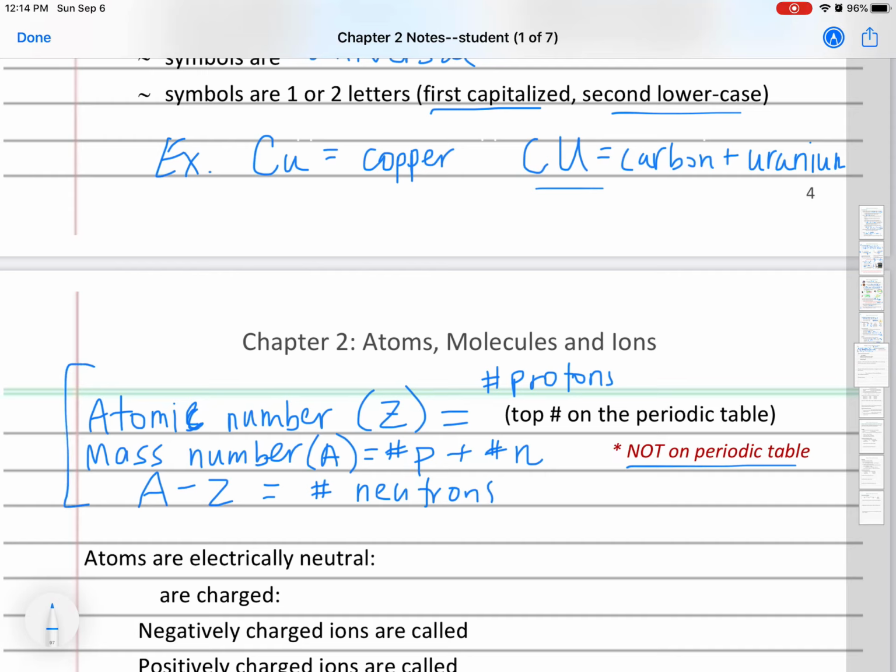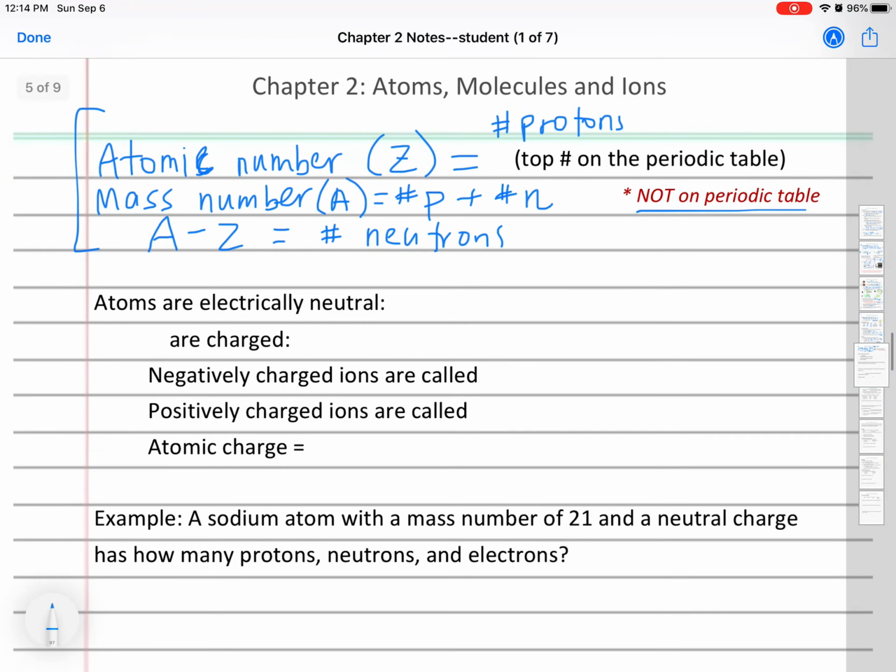All right, so this little thing right here is a handy-dandy little cheat sheet for you when you're working some of these problems in the homework to determine numbers of protons, neutrons, and electrons that different atoms have. So remember, atoms are electrically neutral by definition, which means that the number of protons, which are positively charged, must equal the number of electrons, which are negatively charged, so that those charges cancel out.